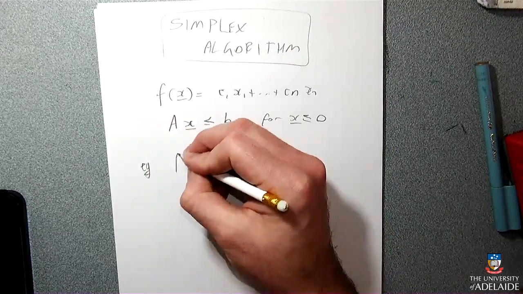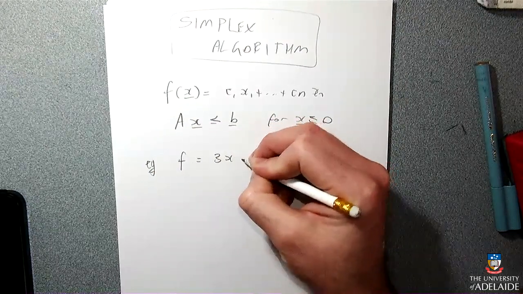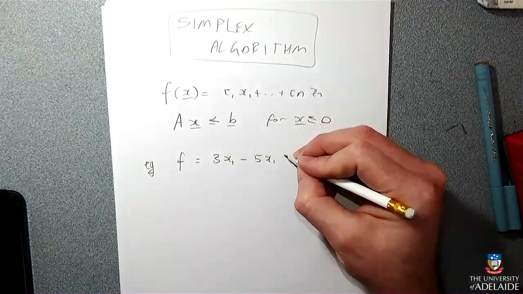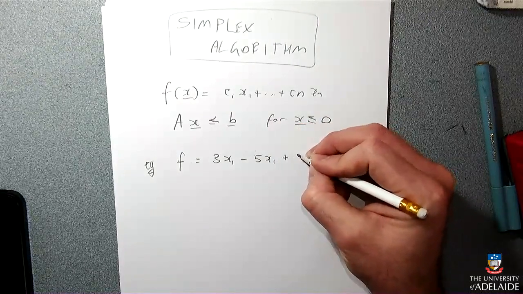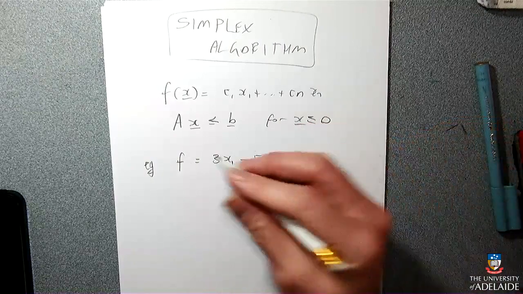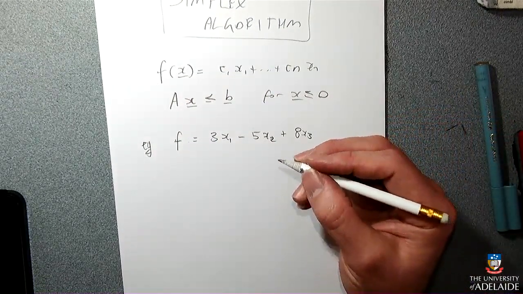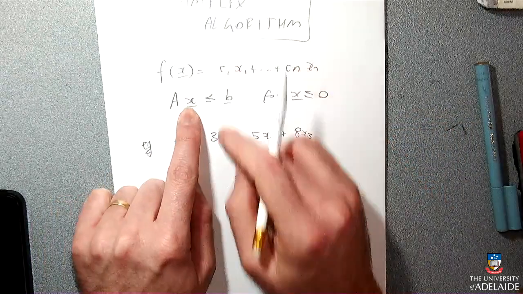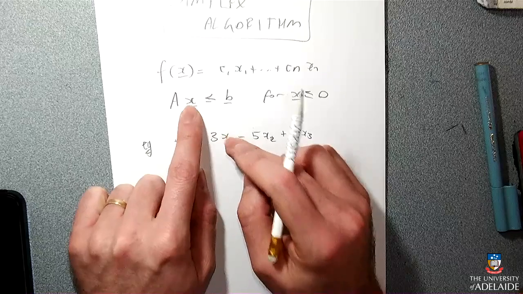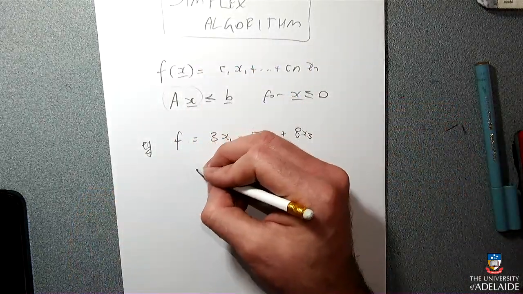So it would have to be something like f is 3x minus 5. Something like that would be an example. And then the Ax less than or equal to b would be... If I did matrix times column, that's normally the coefficients of a set of equations. That's normally what this is. And so I reckon it's going to be something like this.